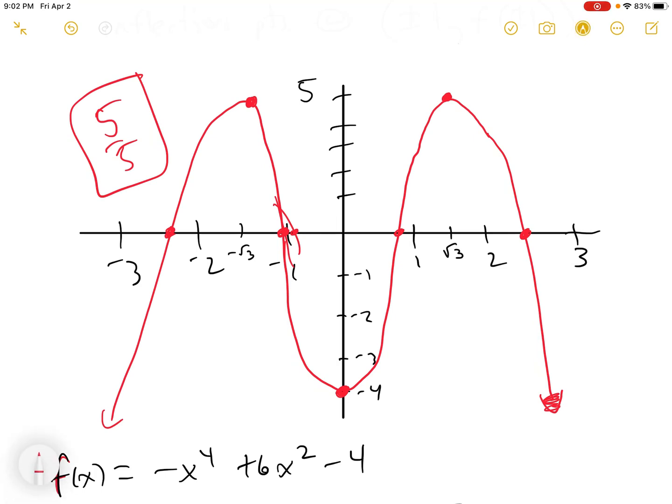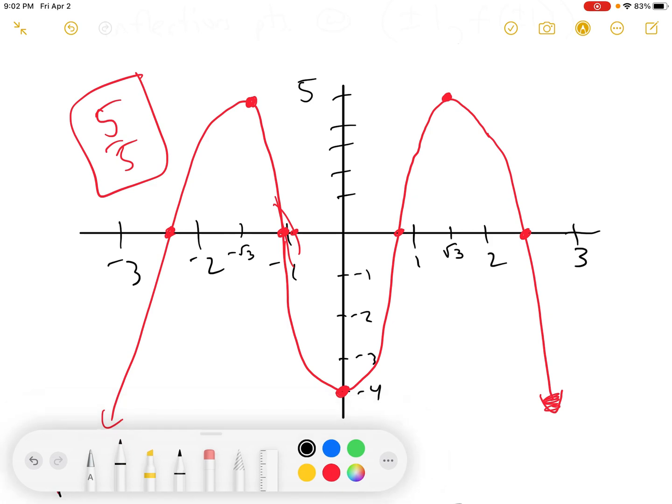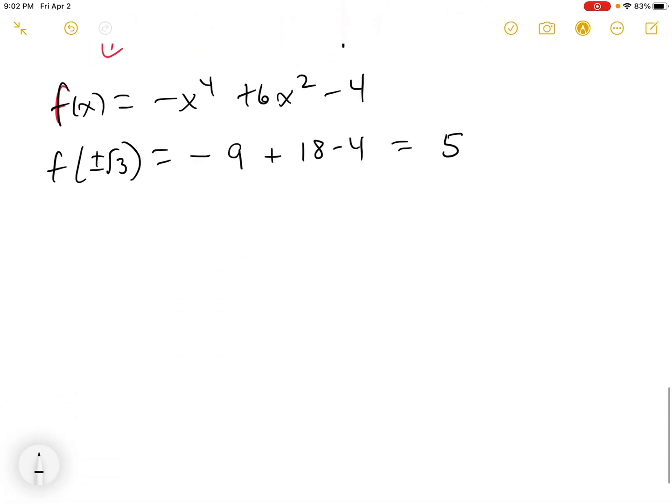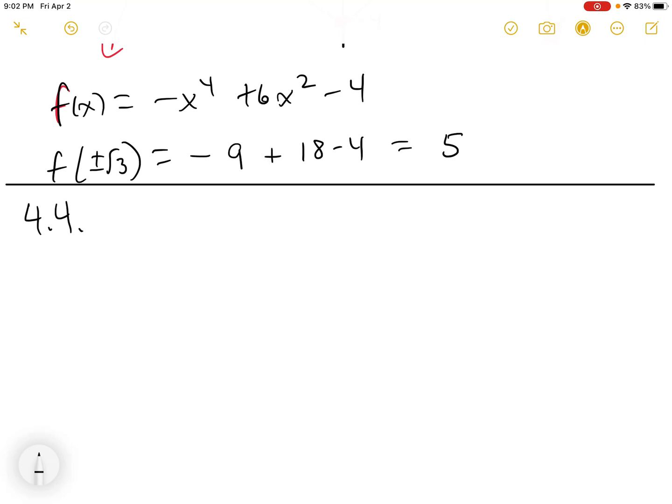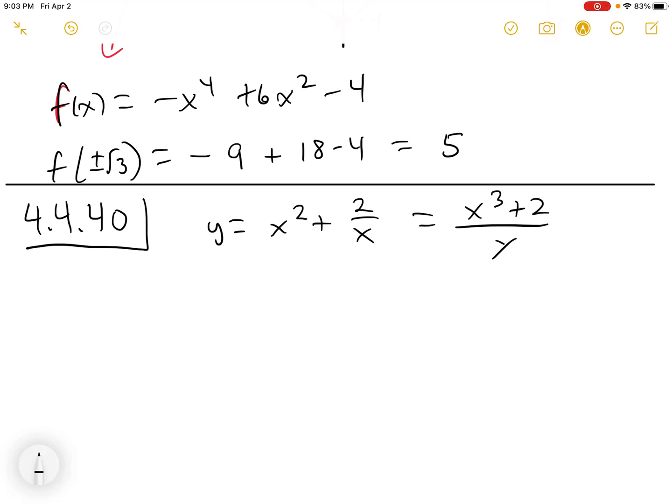All right. Next. This is 4.4 problem 40. And they give you this rational function. The first thing I did is I wrote it like this, because that's what we're used to seeing, right?